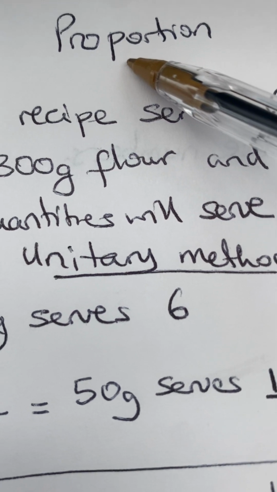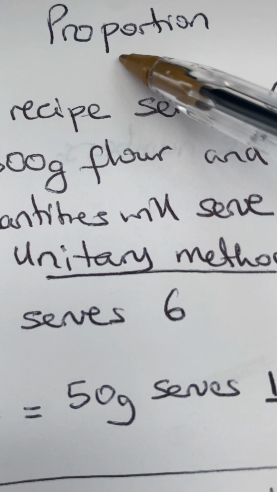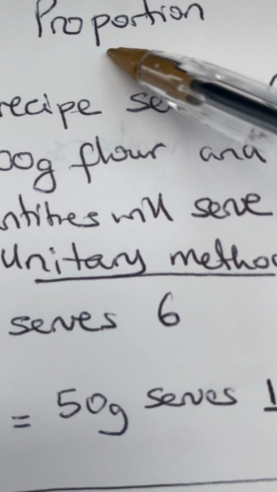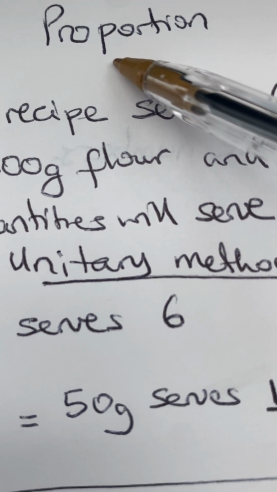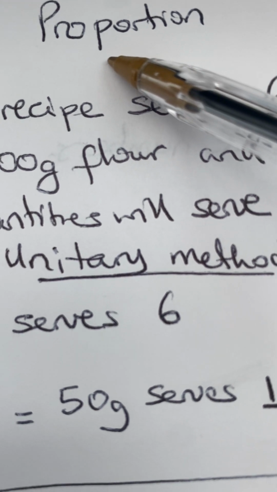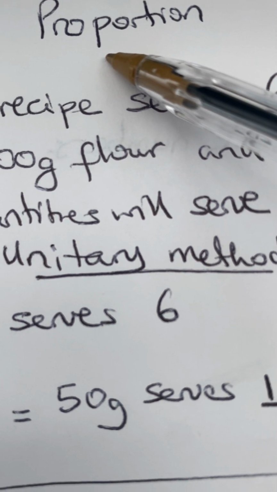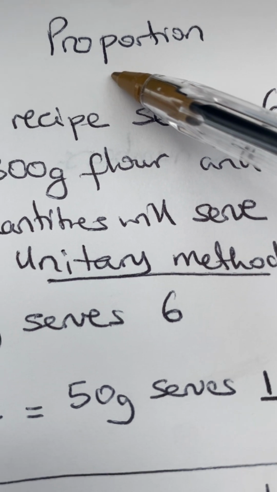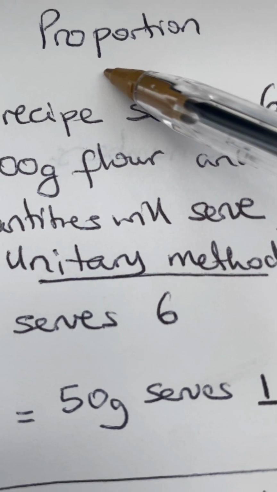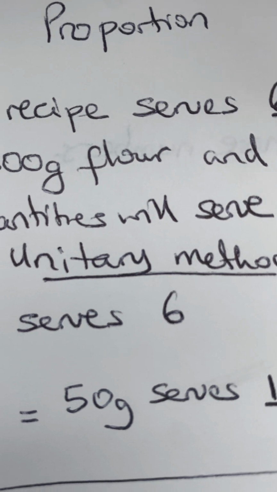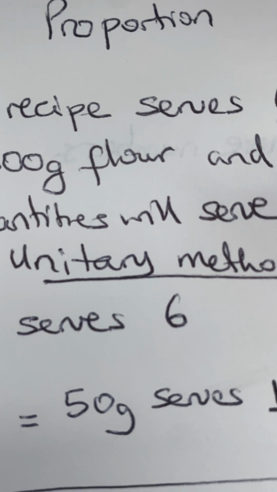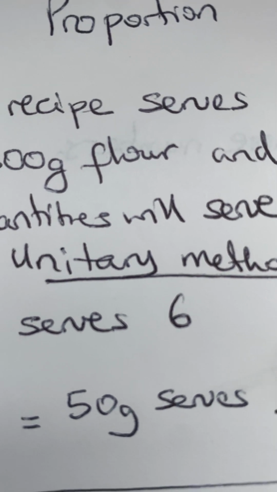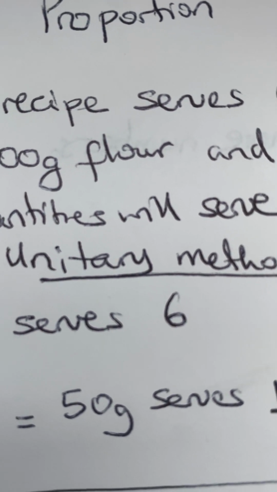So for instance, if you are mixing a cake, you need a certain amount of flour, sugar, butter, and a certain amount of liquid, water. So you need a recipe for that. You can't just put any quantity together. Your results will not be the same.